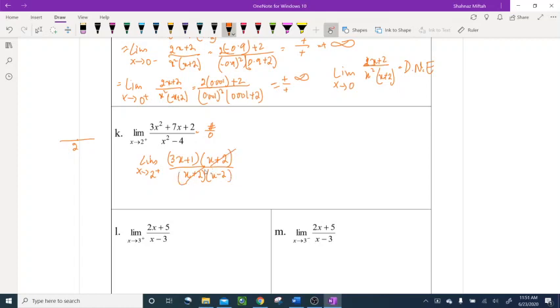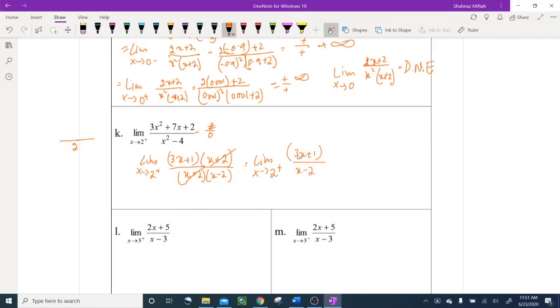That's why every time you have a question and you can factor out, do it before even starting anything. After direct substitution, if you get 0 over 0, of course you're going to need more work. But if you get number over 0, I would still factor the question to see if there is a cancellation. So I'm left with limit x approaches 2 from the right, 3x plus 1 over x minus 2.